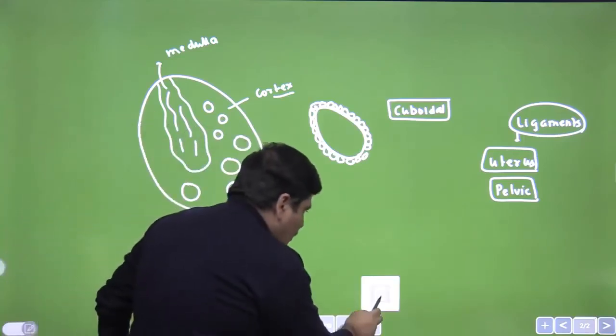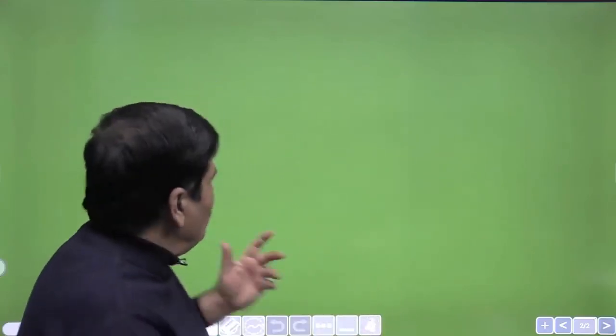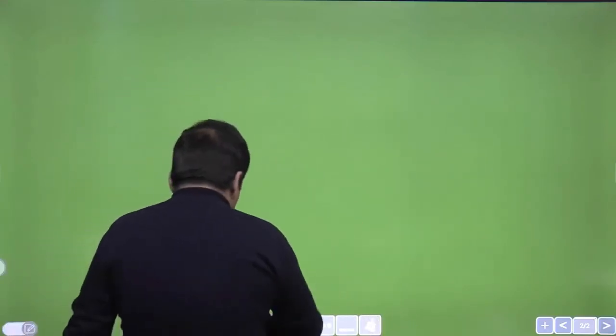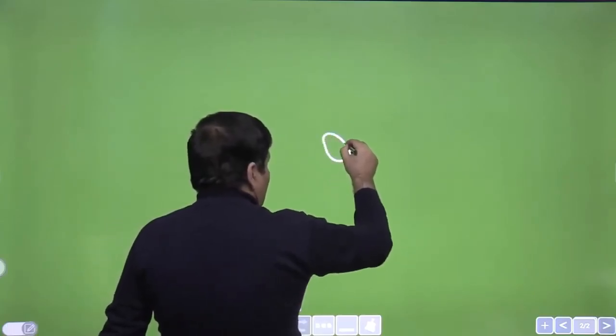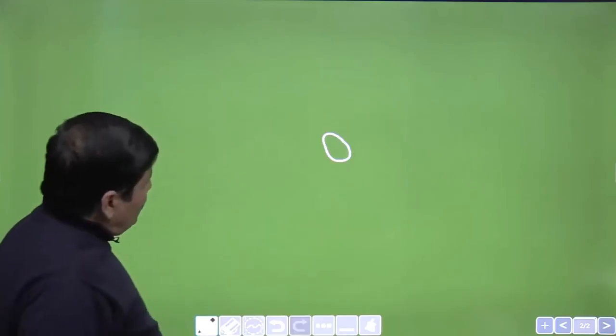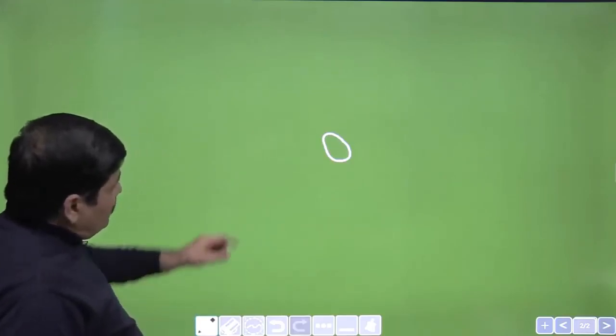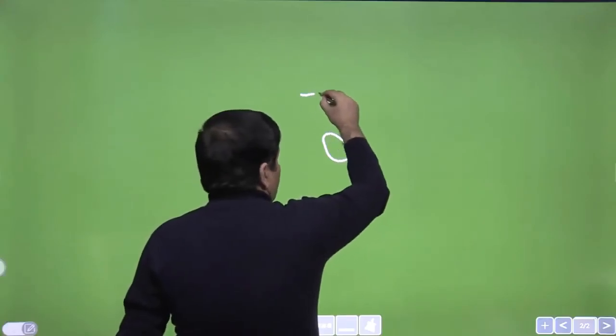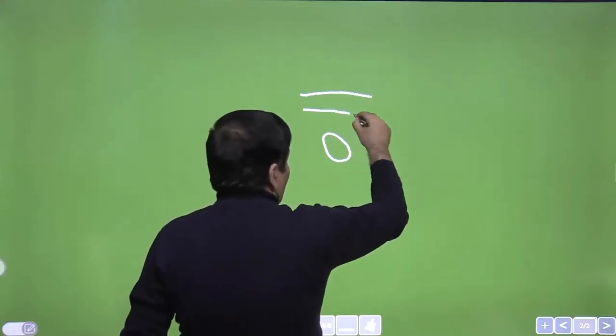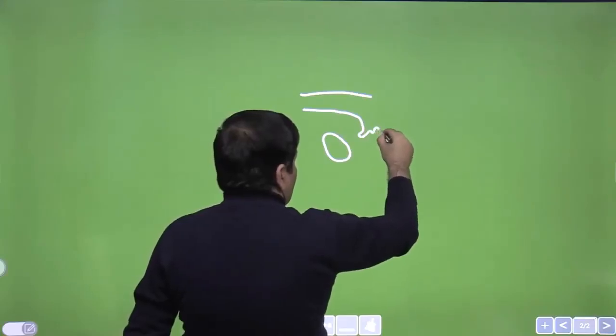Now, if there is a primary sex organ, are there other organs? Yes, obviously these would be called the secondary sex organs or the accessory sex organs. So let us make a diagram that is actually given in your NCERT as well, and try to understand it. So this is the ovary. One of the secondary organs would be the fallopian tube, which is also called the oviduct.